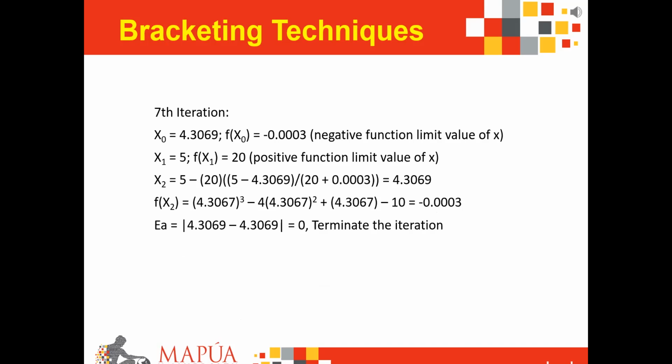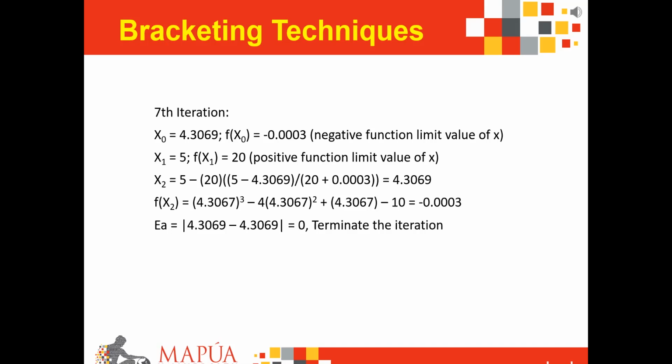Thus, we then terminate the process, showing that this particular technique proves to be more efficient in solving for your root value, which is 4.3069, as compared to your bisection method, which eventually took around 13 iterations before the process eventually terminates.